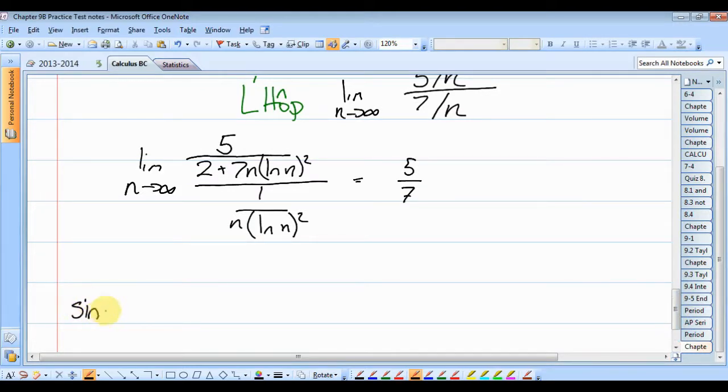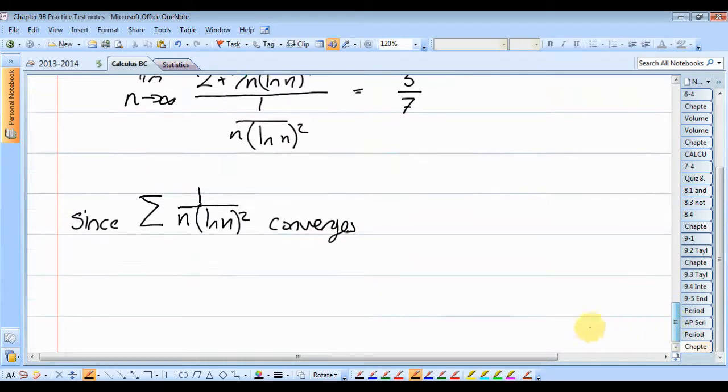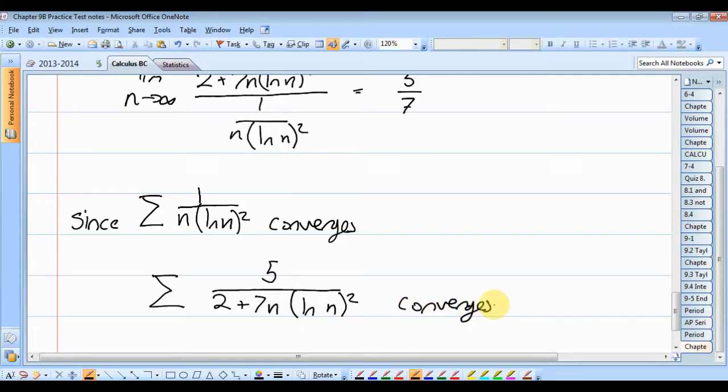Since the denominator series 1 over n natural log of n squared converges, that series converges as well, and I need a drink of water. All of that, and the answer is converges.